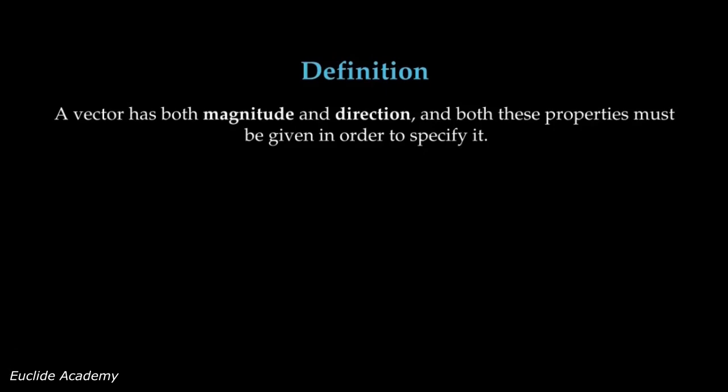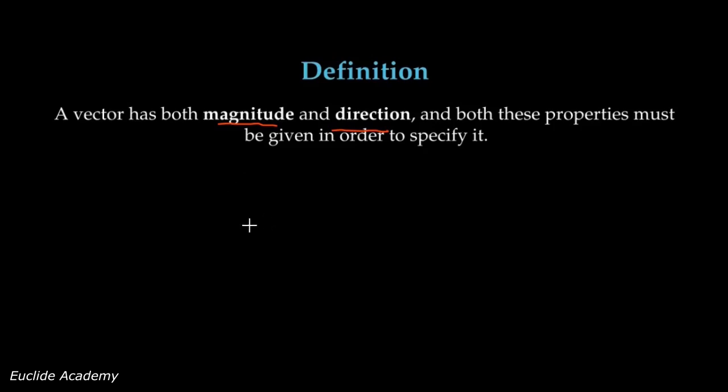So when we talk about a vector, we are talking about something which has got magnitude and direction. So these are the two things that we have to think about when we are talking about vectors: the magnitude and direction. And these properties have to be given in order for us to specify a vector.